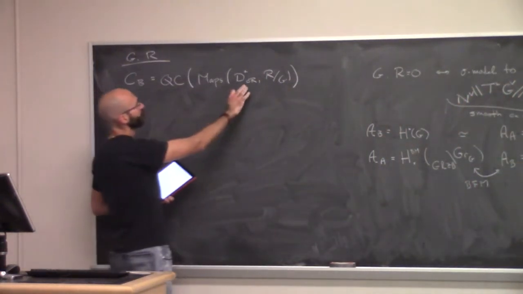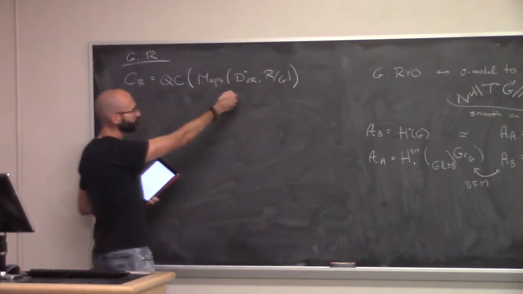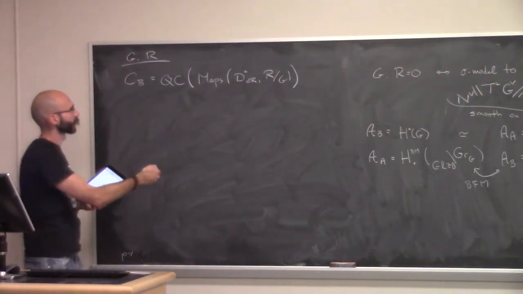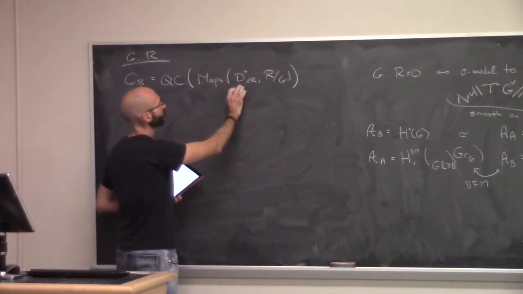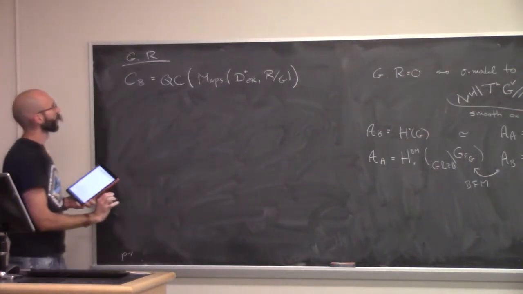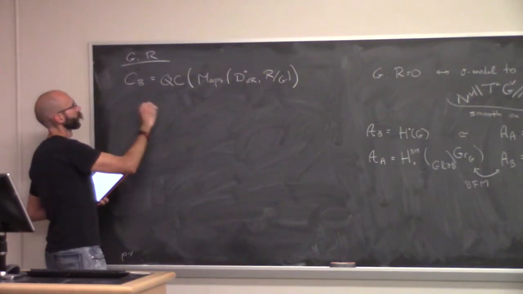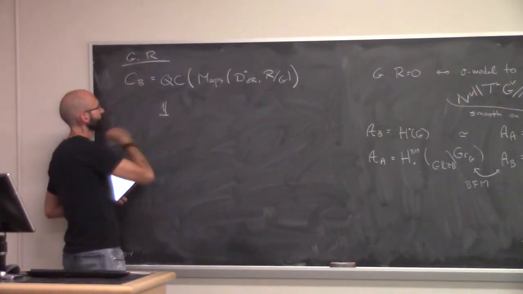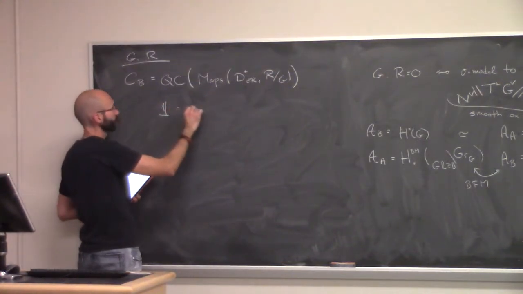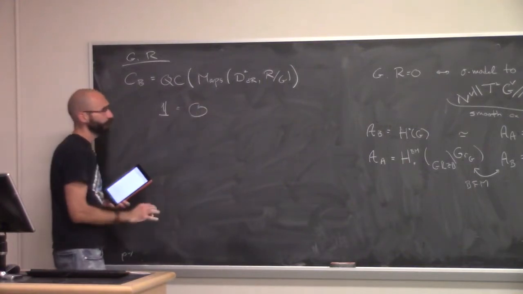And there's a potential that localizes to constant loops, which turns this into a Dirac stack. I'm not going to define that. I will say that the identity object is the structure sheaf on constant loops.